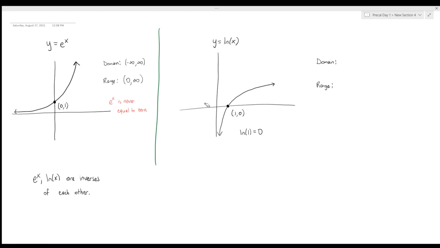You'll notice that natural log is not defined when x is negative. You'll also notice it's not defined when x is 0. So the domain is really all positive numbers. ln is only defined when x is positive.